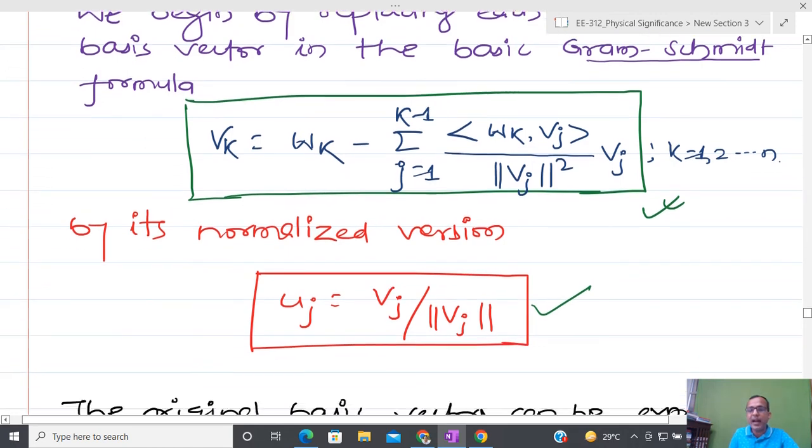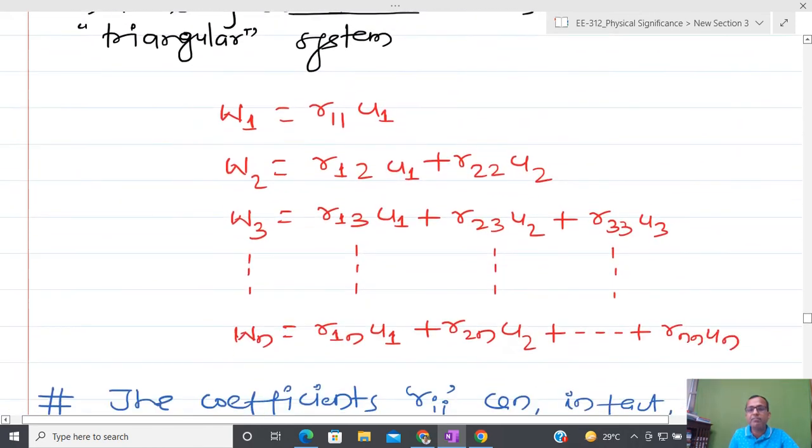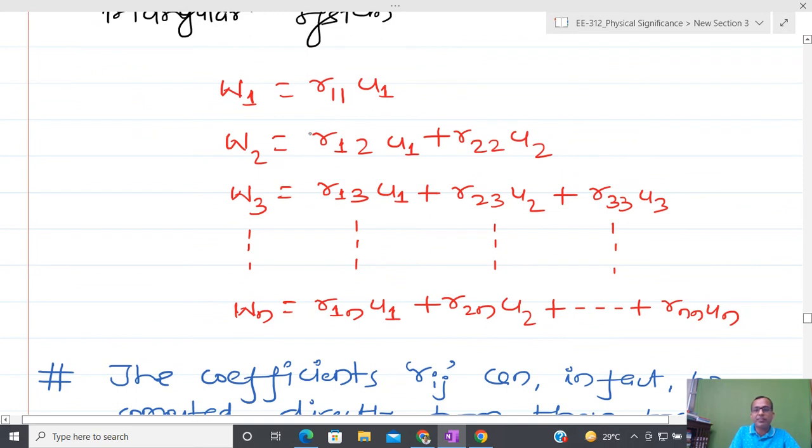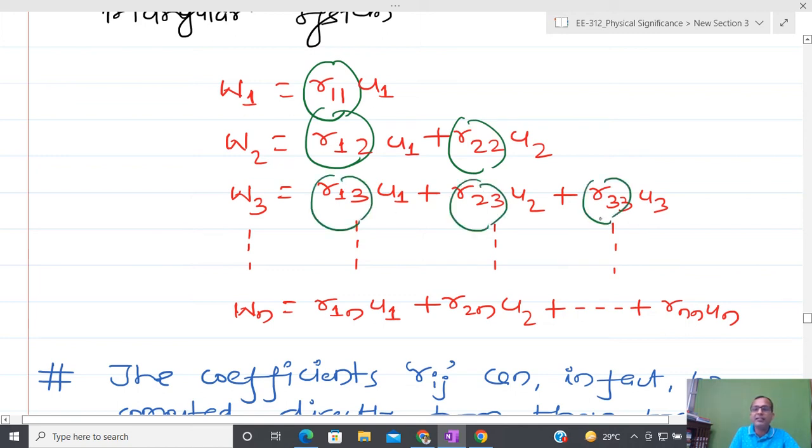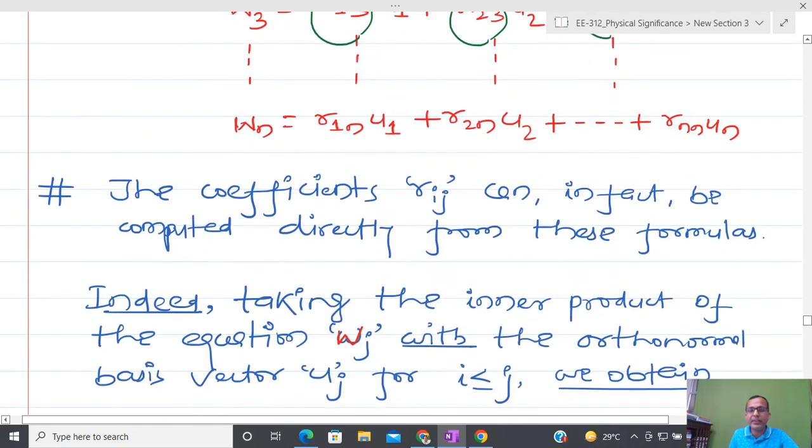In this way I can construct the triangular system, and I can easily identify r11, r22, r13, r23, r33, like that. So please see how we can proceed.